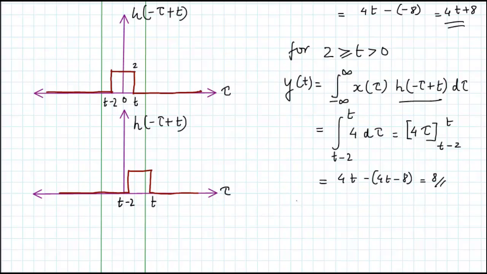Now for the next time, which is for t greater than 2 but less than or equal to when the back side will cut here. When will the back side cut this axis? The back side will cut the axis when t becomes 4.